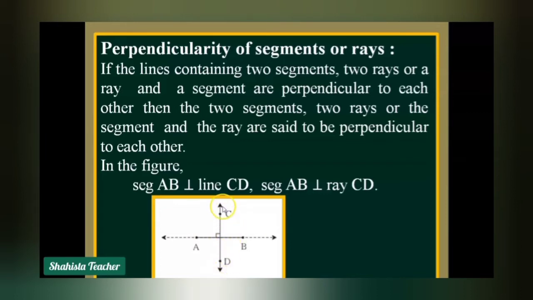Because here an arrow is there and here a point is there. As I taught you before, one end is an arrow and the other end is a point, that defines a ray, and both ends arrow, that defines a line. So segment AB is perpendicular to line CD and to ray CD. Is that clear? Now students, in this way we learn perpendicularity of segments or rays.